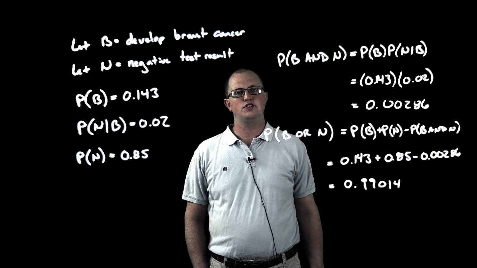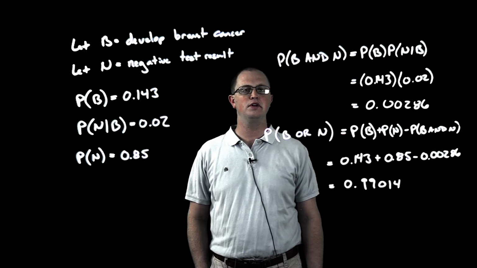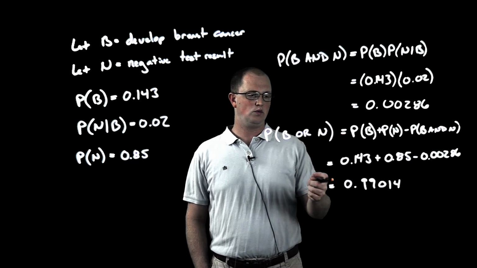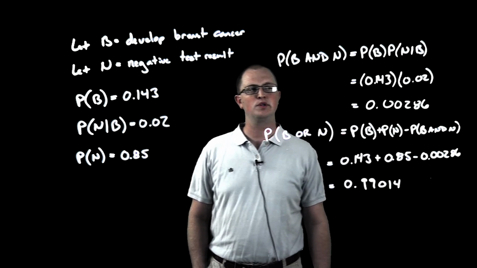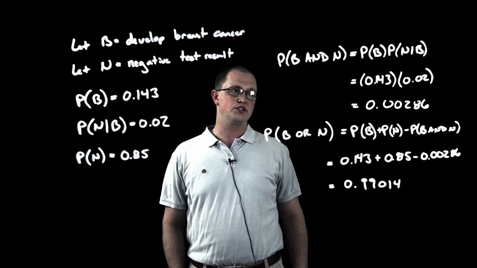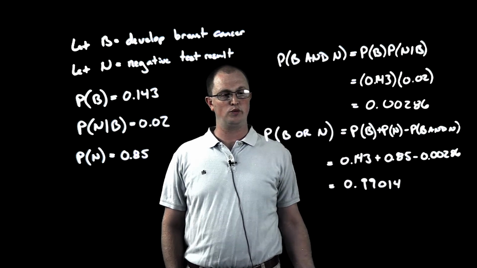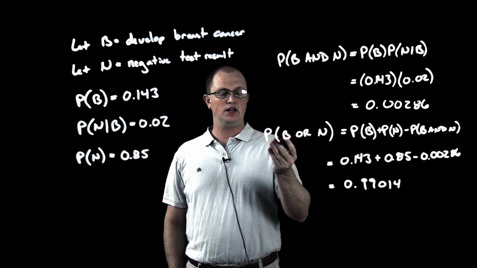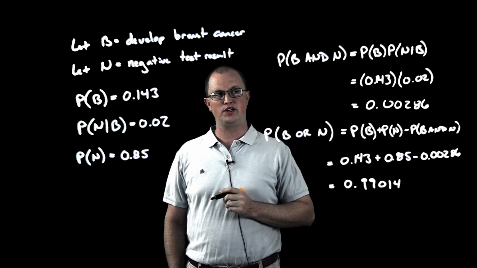So let's stop for a second and think about what that number means. There's a 99% chance that a randomly selected woman would either test negative or have breast cancer.